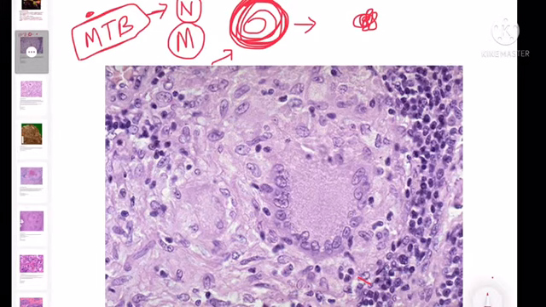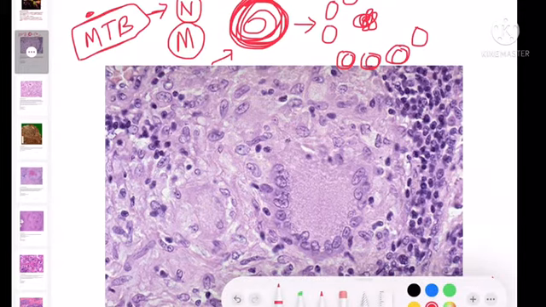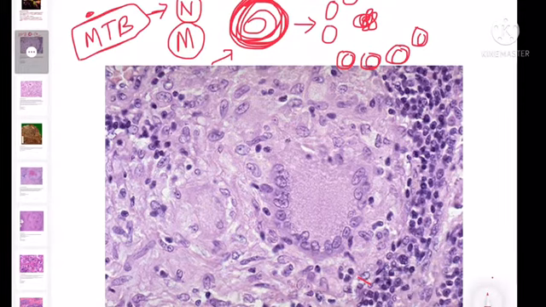Then there will be a lot of lymphocytes, which is called the collar of lymphocytes with a big nucleus. Then there will be macrophages, and specialized macrophages with elongated nuclei or elongated shape are called epithelioid cells. And the more important point here is there will be a bigger cell with multiple nuclei.